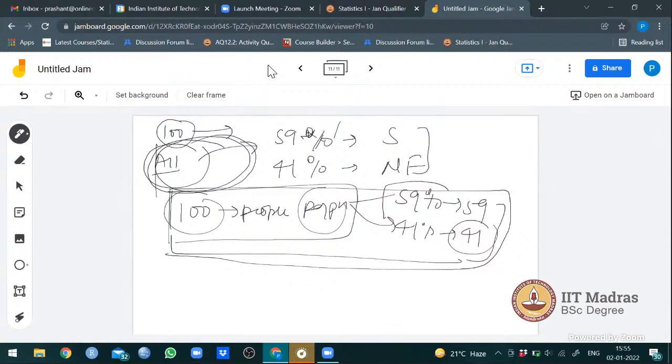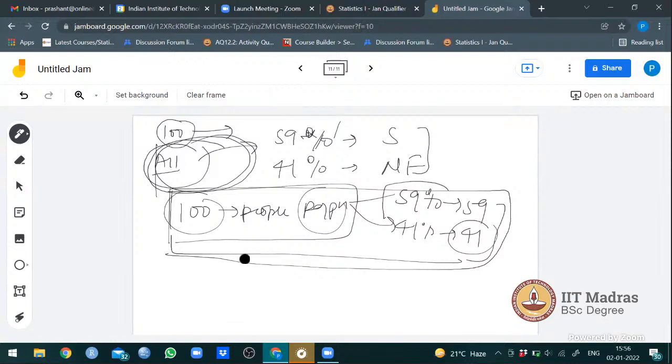But the question is, when 59% say COVID-19 is a serious flu, we can say the majority of persons go with 59. But then can we say a conclusion like, okay, COVID is a major flu?